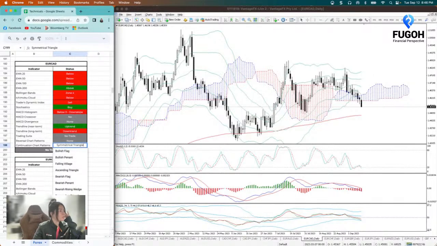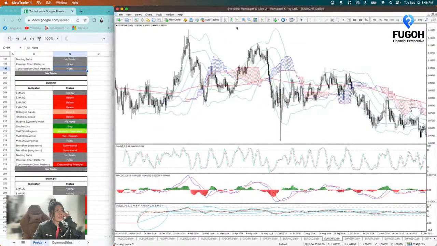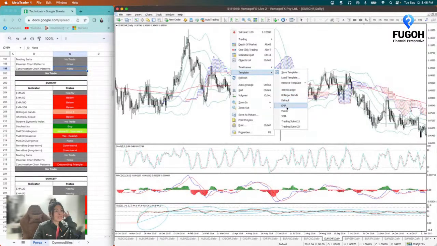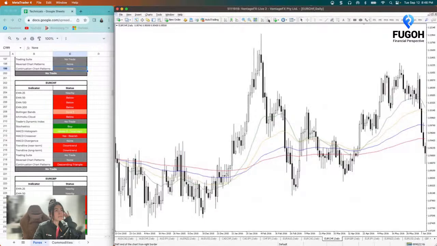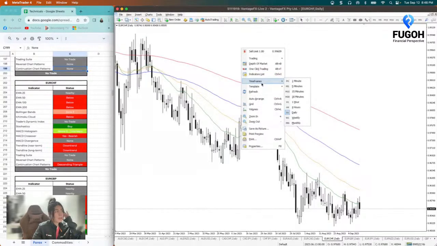How about Euro Swiss franc? Do we have anything for this pair? Let's see. Oh, all of the three. All right. This is still the same for the EMAs. The price is below EMA 50, 100, and 200.